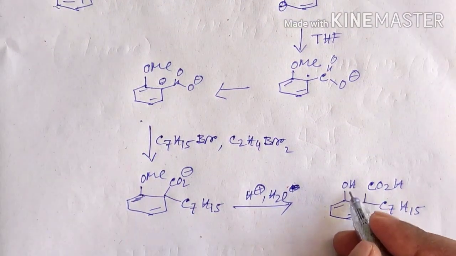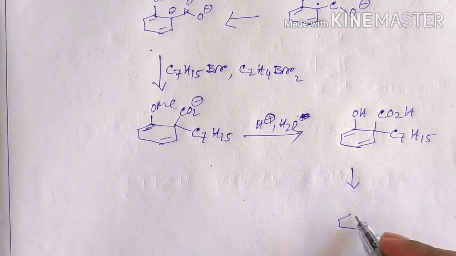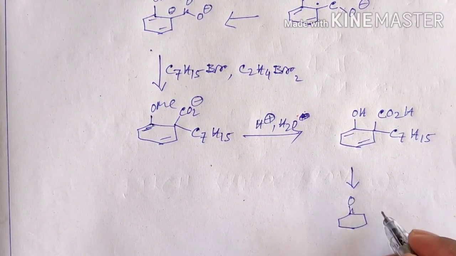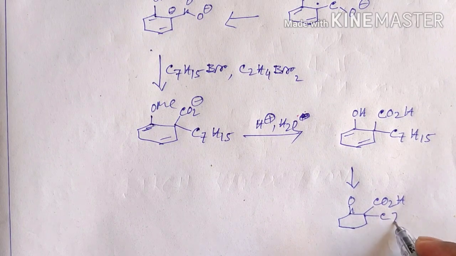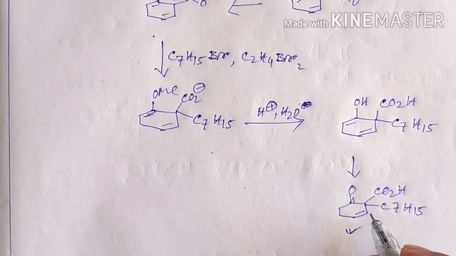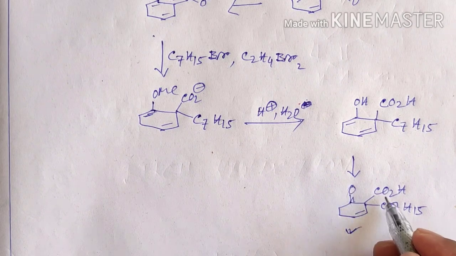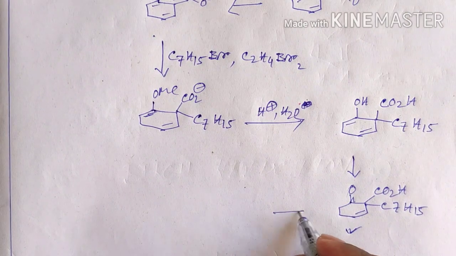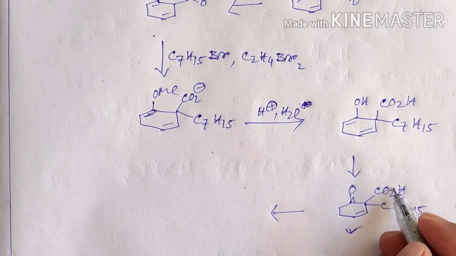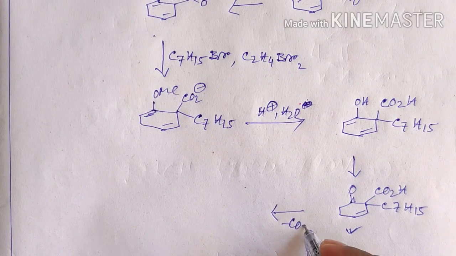Now, since it is enol form, it will tautomerize to the keto form. From the structure, we can see that this compound is a beta keto acid, so it will not be stable in this step, and this CO2H group will eliminate CO2 gas.